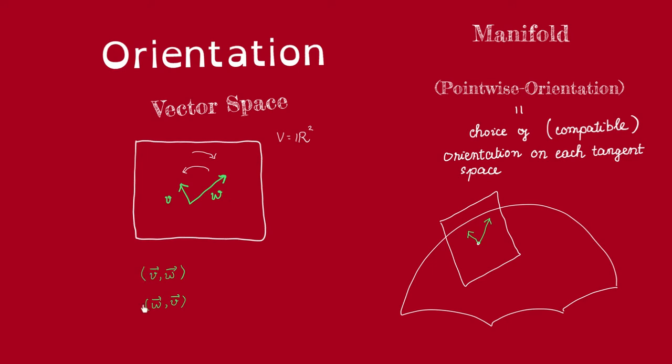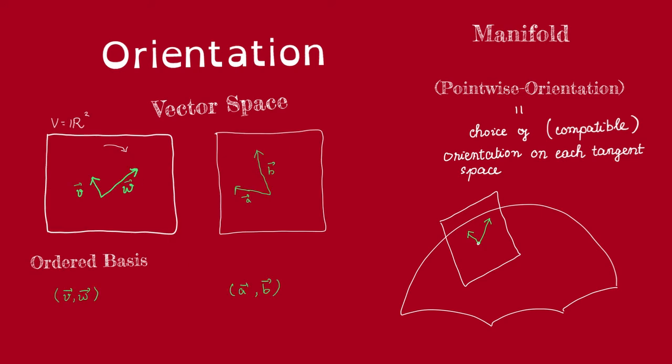Then these two orderings of V and W give two different bases. So in this ordered basis, V comes before W, so we can think of this as the clockwise rotation, right? We go first from V and then W. And in this second ordered basis, W comes first, so we go from W to V, so we can think of this as corresponding to the counterclockwise orientation.